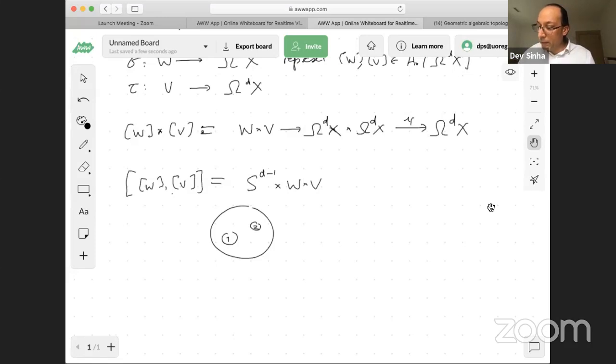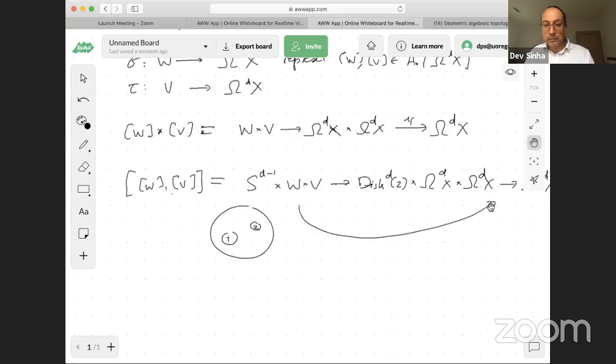And then that first naturally maps to disks 2 cross loops, and then I can use the operad action and I end up in the loop space, and this composite represents the bracket of those two homology classes, which unfortunately I've also used brackets to denote.